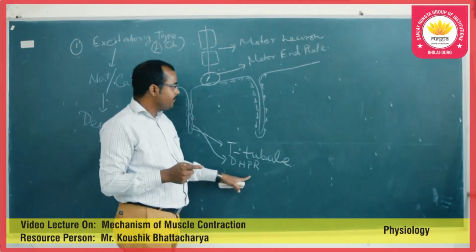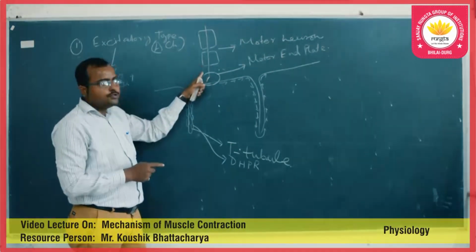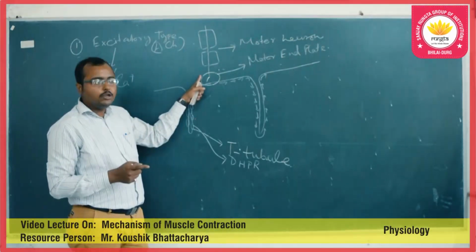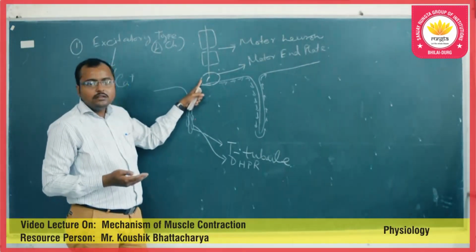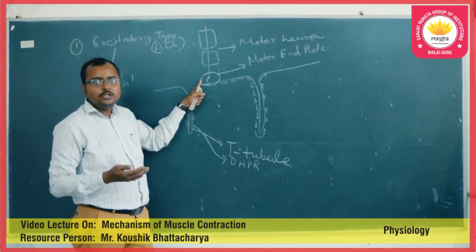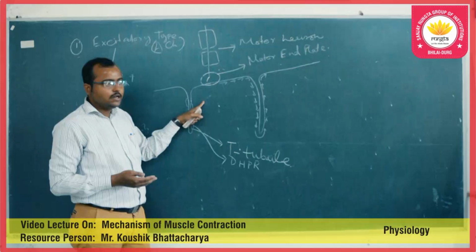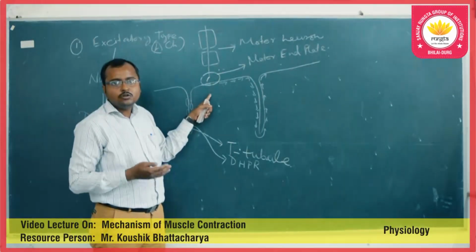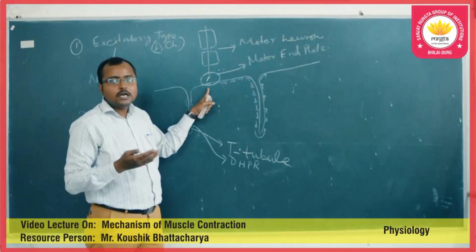What I said from the previous one, the neurotransmission was taking place at the motor end-plate region, and when the excitatory type of neurotransmitter is released from the presynaptic area to the synaptic cleft, it ultimately works on the postsynaptic area. Here the postsynaptic area is the sarcolemma.